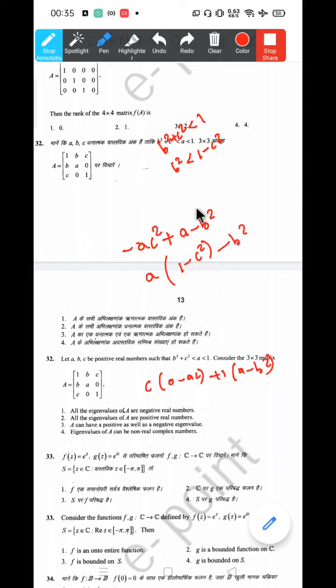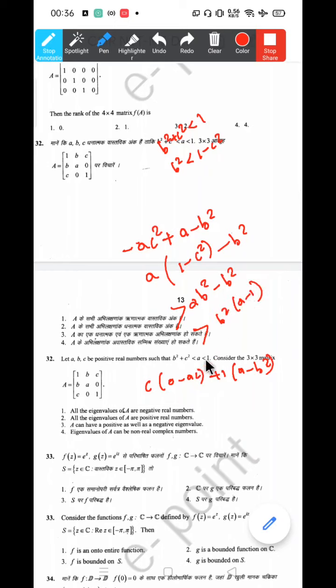Now 1 minus C square, that is greater than, so this will be less than A minus B square minus C. Then A minus B square, if I take B square common, that is actually B square times A minus 1.